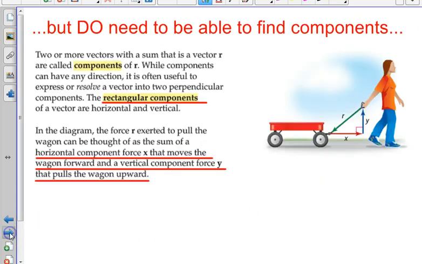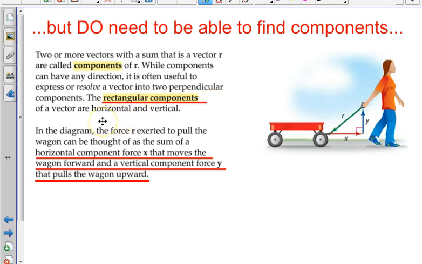We're not going to spend time worrying about drawing them very accurately, but we'll try to make them somewhat proportional. We do need to be able to find components. When you have two or more vectors and you want to add them together, you can find their components, which means the rectangular components, the X quantity and the Y quantity.